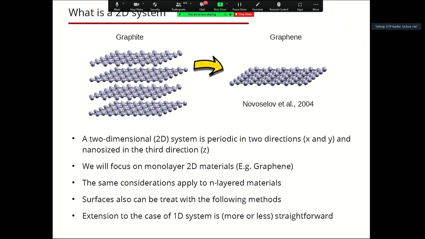Finally, extensions to the 1D case are more or less straightforward, because in this case, the only difference is that we have two dimensions that are not periodic and one that is periodic, but it's not super straightforward, so more or less.